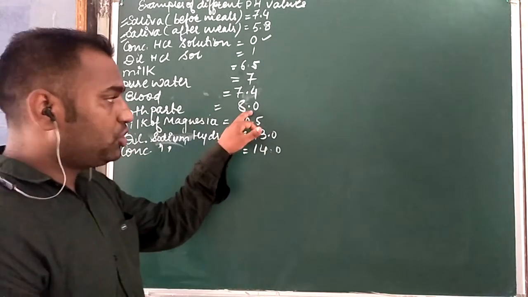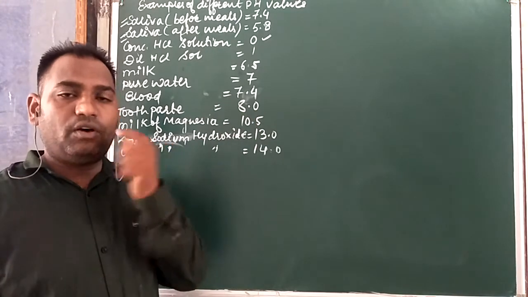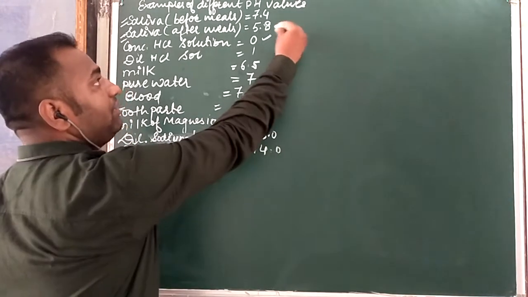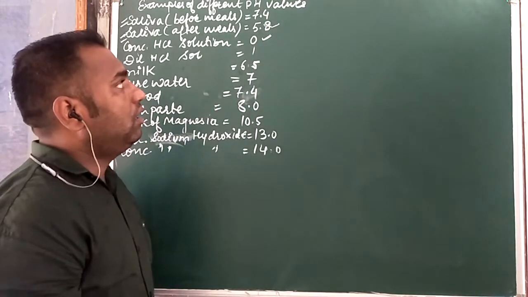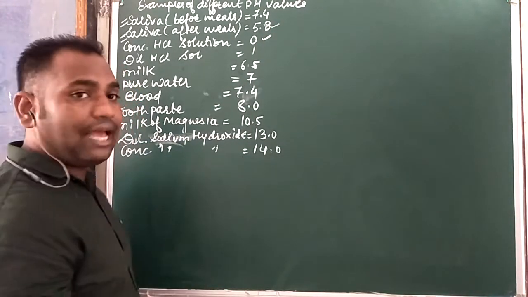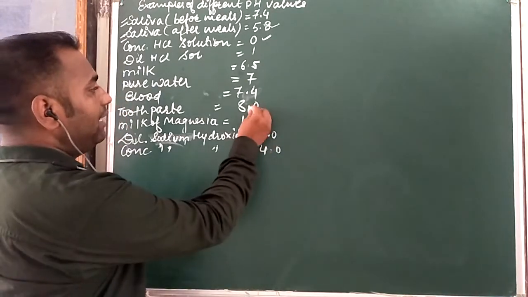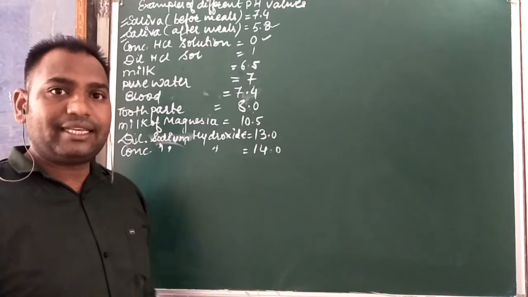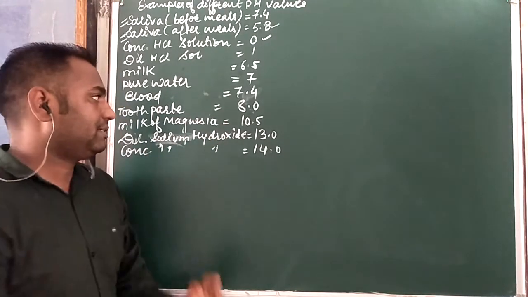Toothpaste neutralizes the acidic nature in our buccal cavity, this mouth, because after the meal the pH goes down to 5.8, showing acidic character, and at that time toothpaste neutralizes this acidic character by its basic character.